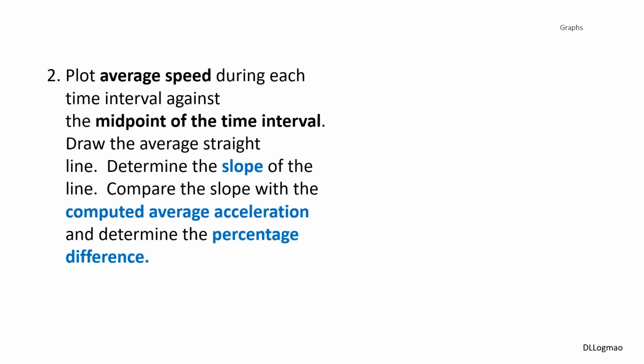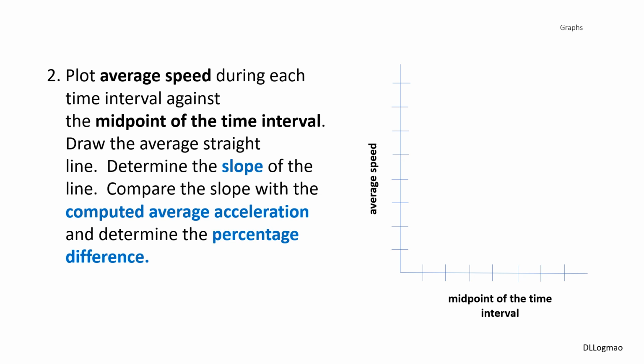Plot average speed during each time interval against the midpoint of the time interval. Draw the average straight line. Determine the slope of the line. Compare the slope with the computed average acceleration and determine the percentage difference. The suggested format for the graph of average speed and midpoint of the time interval.